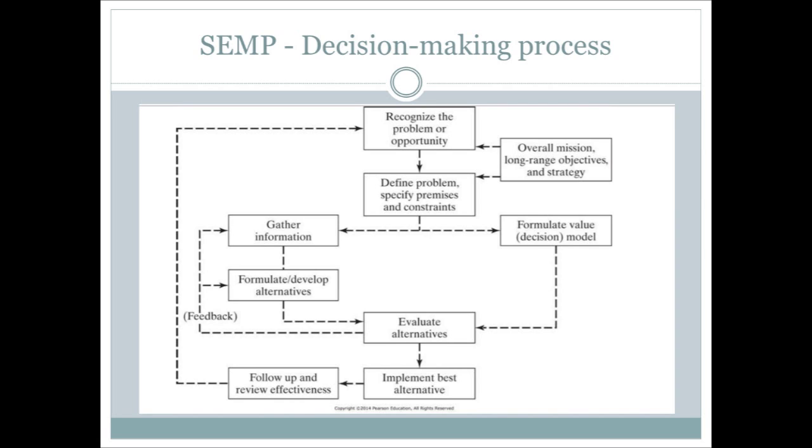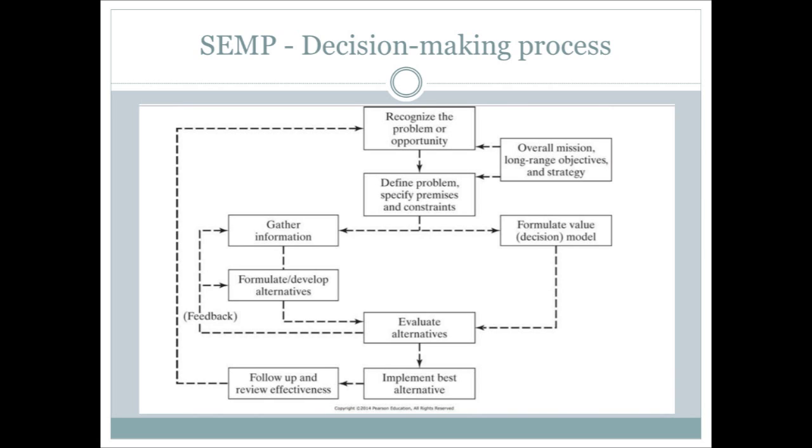We have to look at how this affects our overall mission and what the long-term objectives and strategy of the business are. Once we've done that, we can begin gathering information and also formulating what our decision may be. This begins an iterative process of formulating decisions and gathering information, looking at alternatives and seeing how those alternatives may play out.